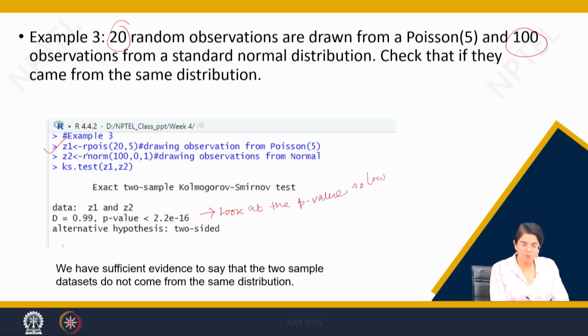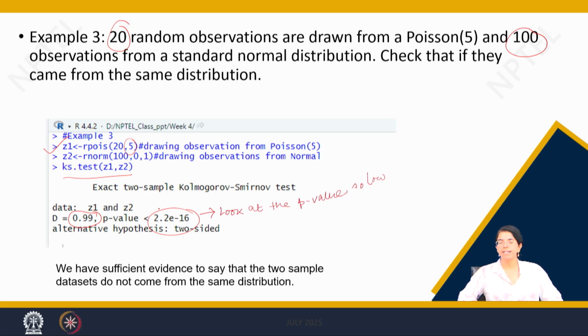So you know the random number generation tools in R: rpois(20, 5), where the second argument is lambda, and rnorm. Then just go to ks.test(Z1, Z2), and your D is pretty high, 0.99. The p-value is very, very small. In fact, it is of order 10 to the power minus 16, e to the power minus 16.